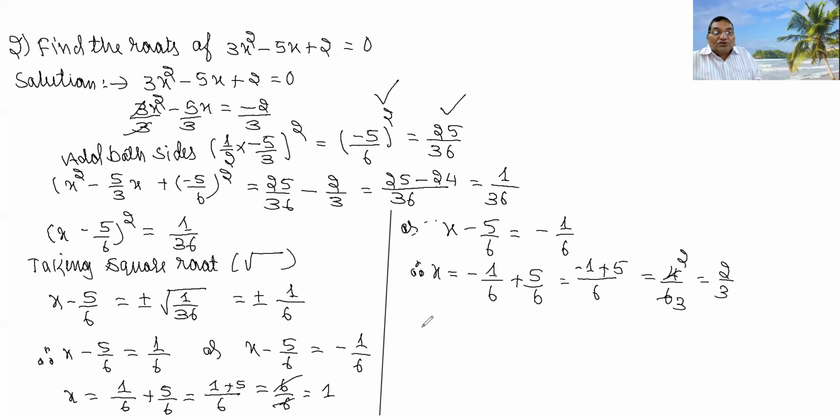2 answers you got. Therefore, roots are first one x equal to 1 and second one 2 upon 3.